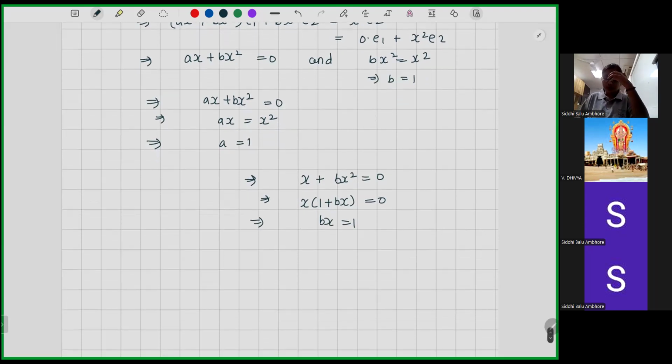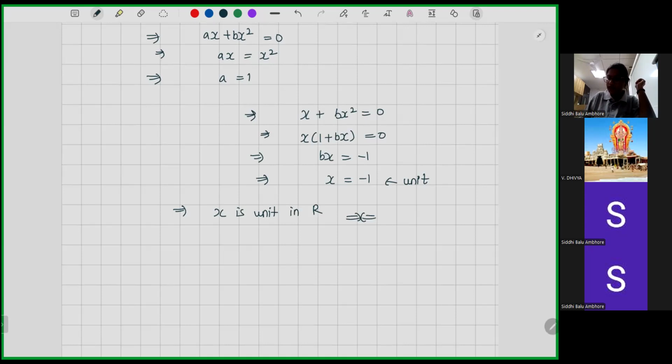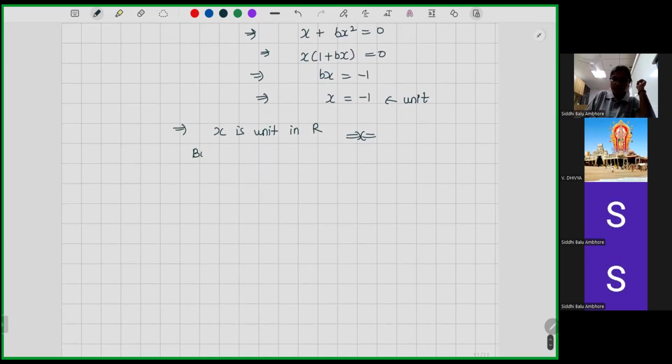Wait, just a second. So bx becomes minus 1 then. But B is anyway 1. So this implies x is minus 1, which is a unit. So this implies x is a unit in R. But that is a contradiction, right? Because R is k[x] localized at x, so all the elements which we are inverting are outside x.